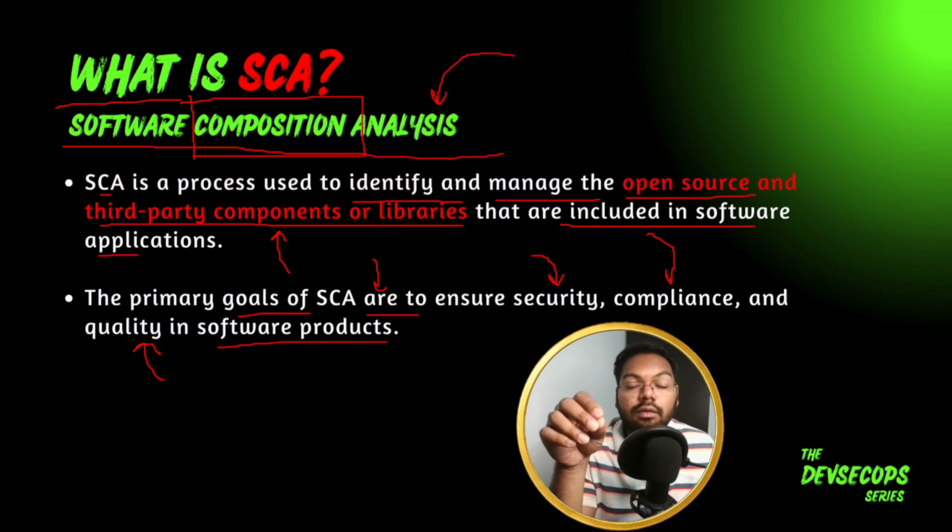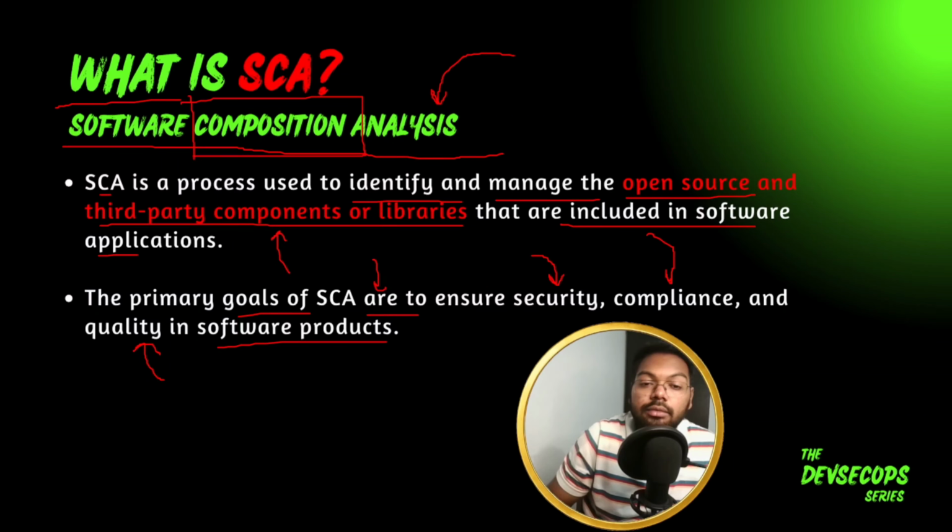If it is not secure, then it will ask you to upgrade to a newer version where these issues are fixed. And once you upgrade, your application by default becomes compliant to the cybersecurity regulations, and then it ensures the quality of the software that you are building is intact.